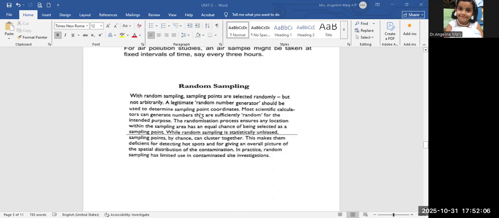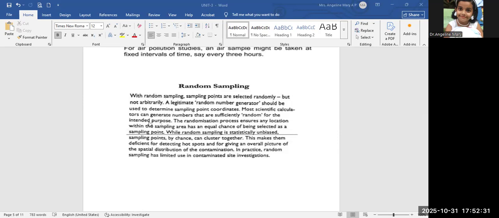The next one is random sampling. We can easily identify random: from here or there, we can collect the samples. With random sampling, points are selected randomly, but not arbitrarily. It should be collected randomly, not arbitrarily or regularly. A legitimate random number generator should be used to determine sampling point coordinates.